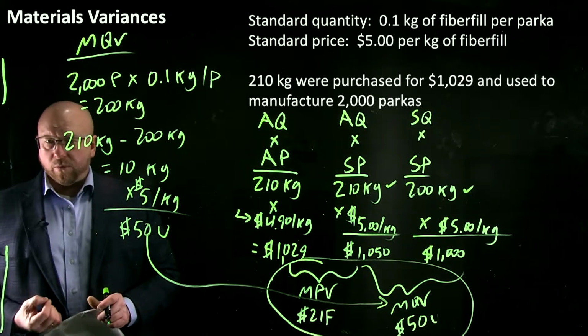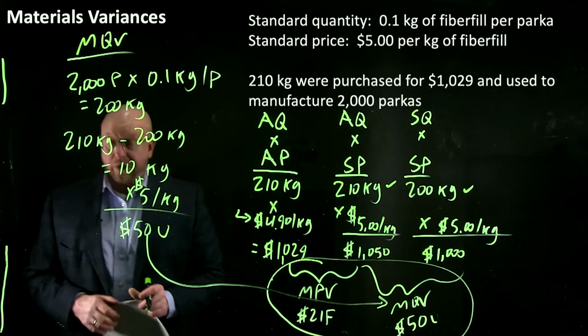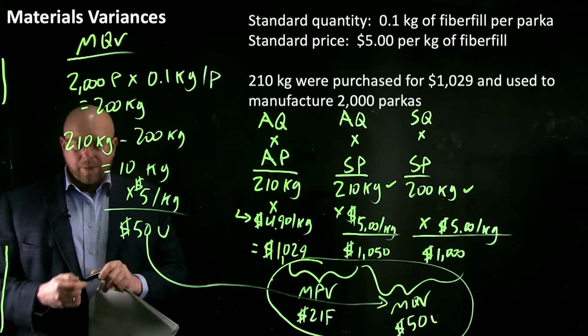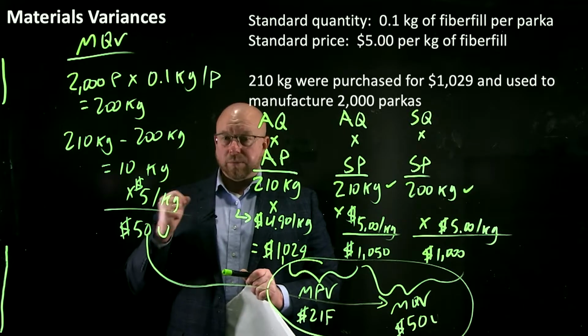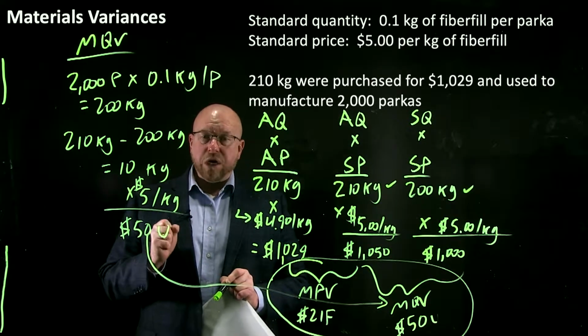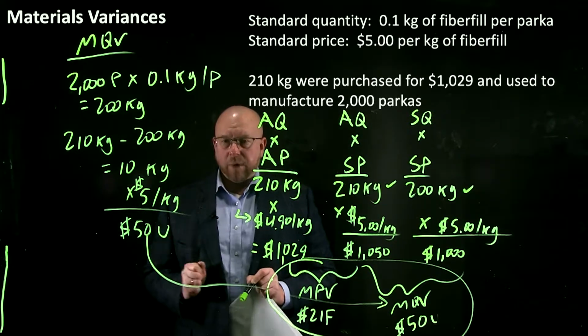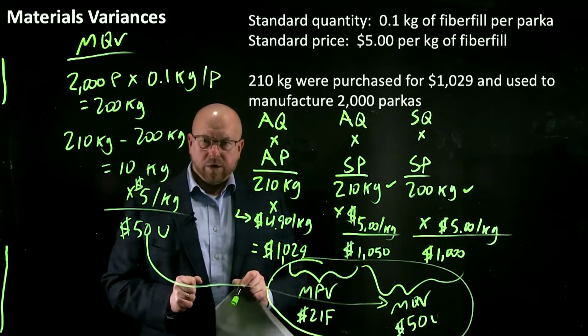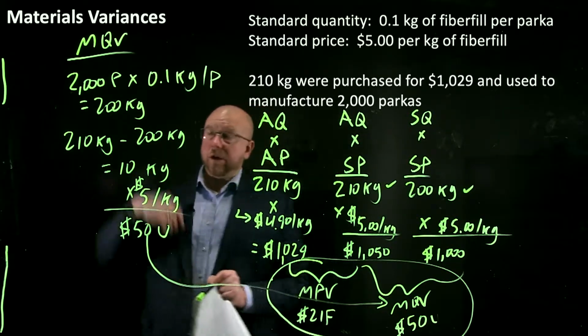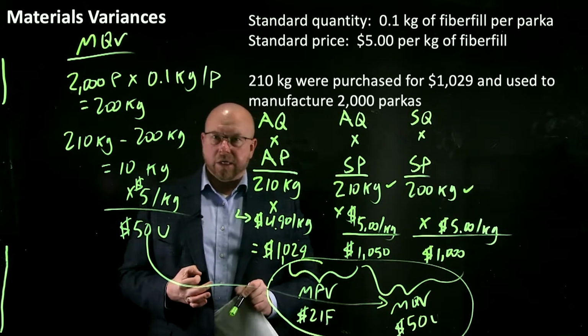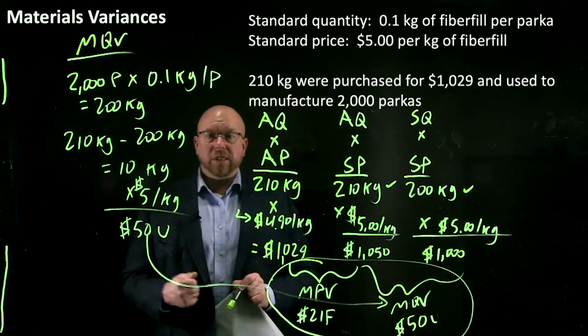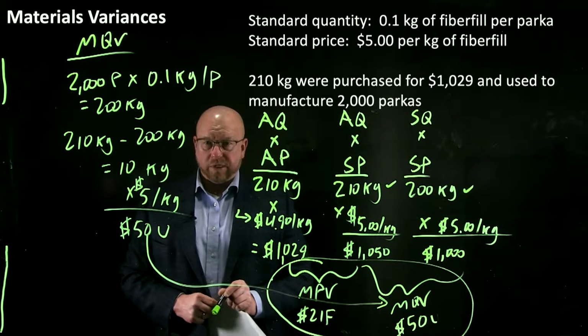So you've got a couple of different ways to tackle these variance calculations. And as I promised, if you understand how to calculate the materials price variance, you should have no difficulty with the labor rate variance or the variable overhead rate variance. And if you understand how to calculate this materials quantity variance, it's the same methodology when you approach the labor efficiency variance and the variable overhead efficiency variance.